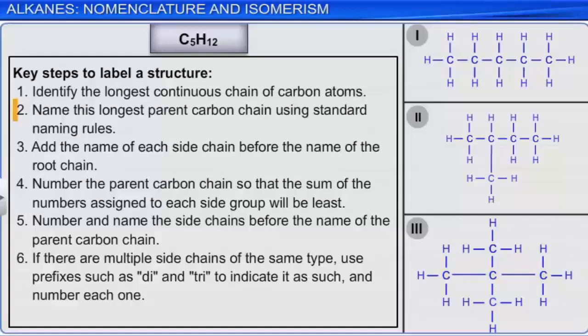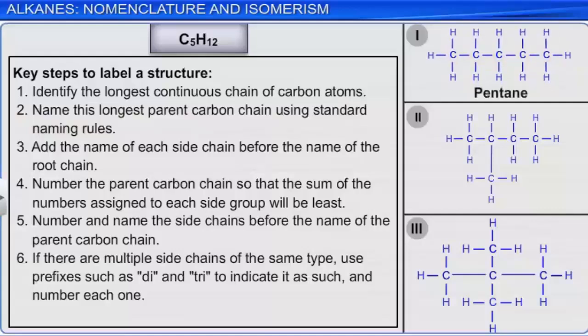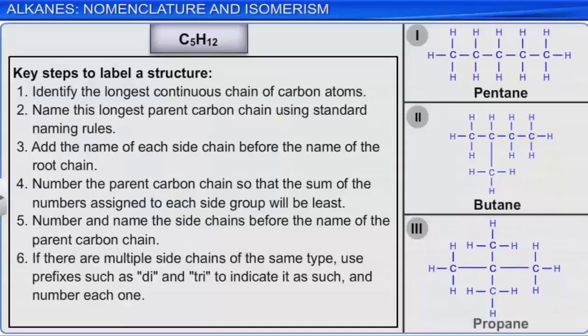Next, name this longest parent carbon chain using standard naming rules. The name for structure 1 is pentane, structure 2 is butane, and structure 3 is propane. Since structure 1 doesn't have any branches, its name is pentane.